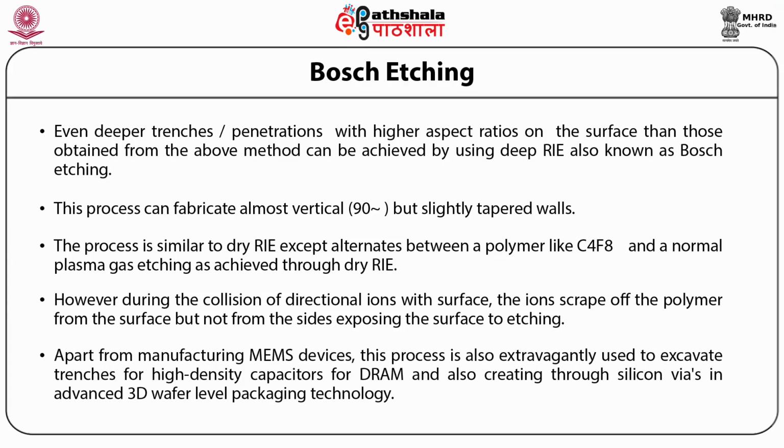Apart from manufacturing MEMS devices, this process is also extensively used to excavate trenches for high-density capacitors for DRAM and also for creating through silicon vias in advanced 3D wafer level packaging technology.